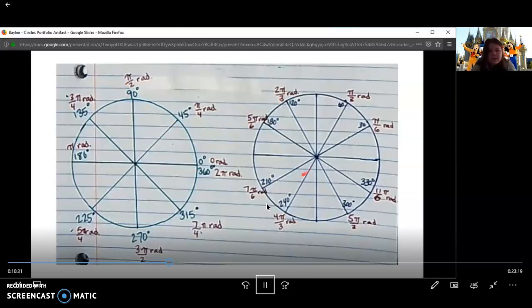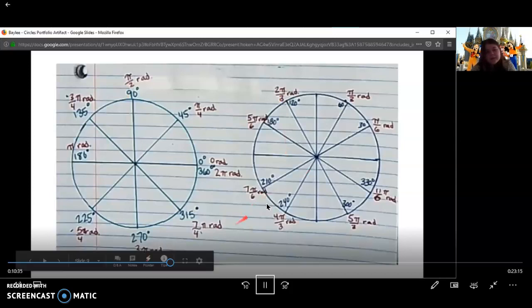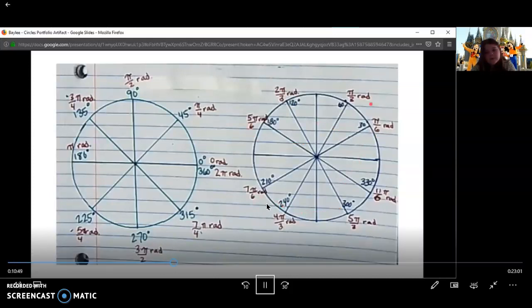And then over here we have the same thing that we know of. Degrees, radians, simple ones that are bigger amounts, so we can convert the two.